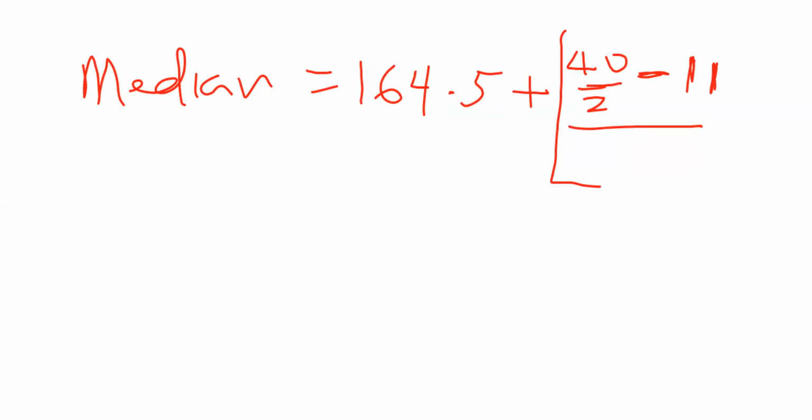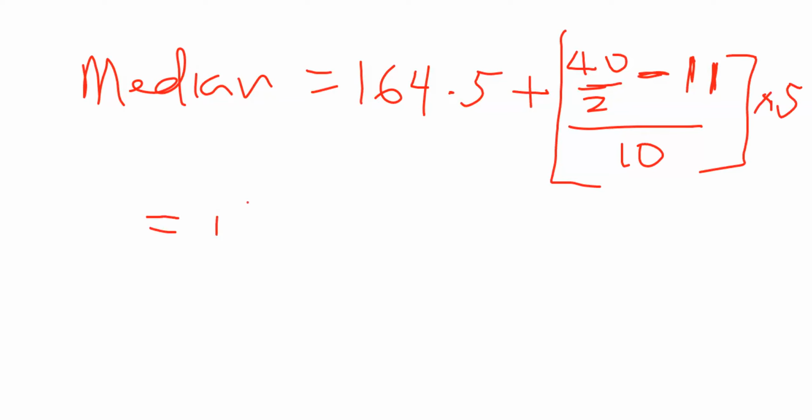Okay, all over 10, times 5. Good. So the next thing is just 20 minus 11.